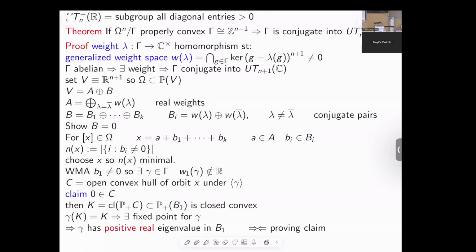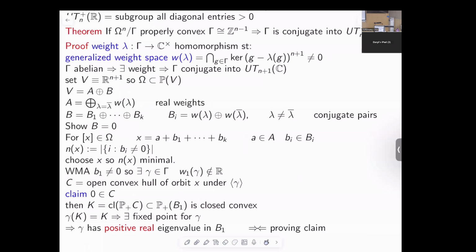And I'm going to choose such a point where the number of complex coordinates is as small as possible. So I want to argue that there is some choice of vector where all the BI's are zero and A is not zero. So in particular, I'm arguing that to start with, A is not the zero vector space. There is at least one real weight.